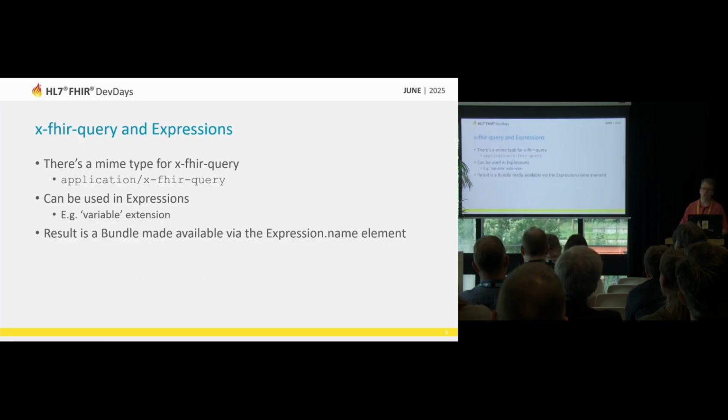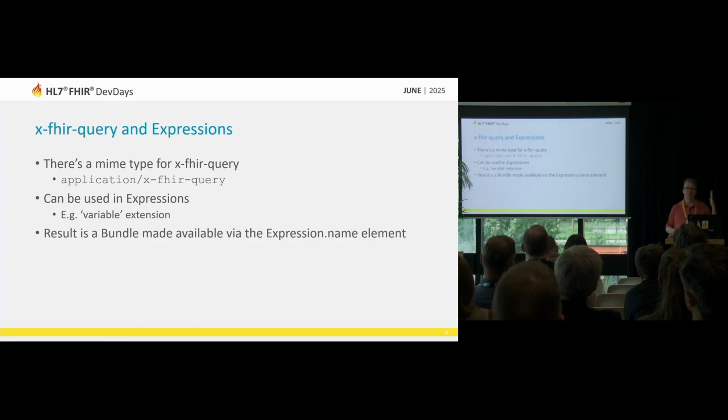So with SDC, what we'll often do is we'll have a context that's passed in saying who is the current patient, who is the current user, and then we will want to go and grab conditions or allergies or other kinds of things. We could do that with CQL, but CQL was somewhat new at the time we were defining SDC, and we didn't want to go that far.